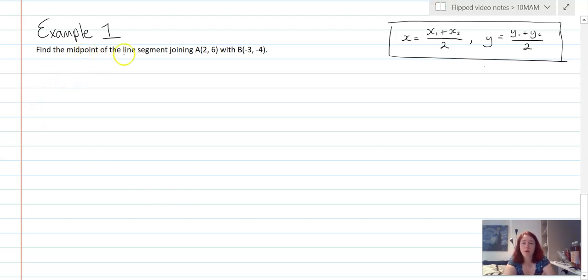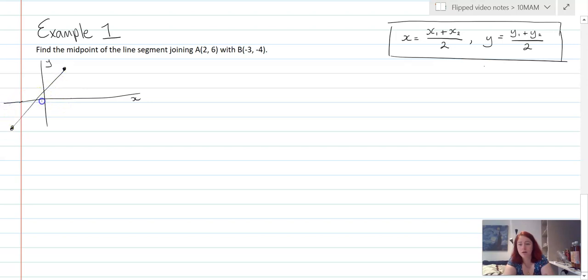We want to find the midpoint of the line segment that joins point A with point B, so the point 2, 6 with -3, -4. If you wanted to draw that, which you don't have to, but it could help you visualize it, you've got your x and your y. So it's at the point 2, 6, which is going to be up here somewhere, and -3, -4, down there somewhere.